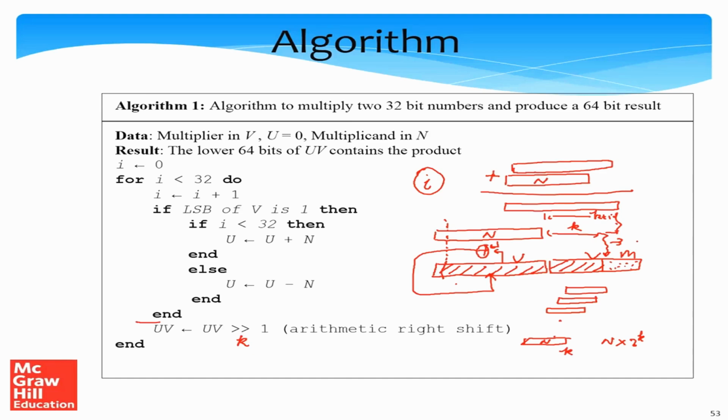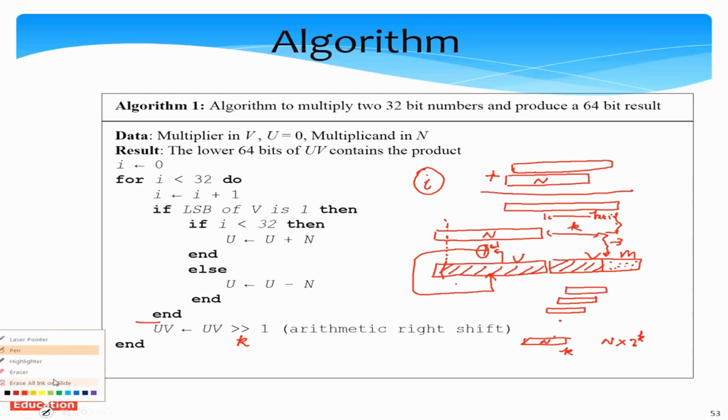So the crux of the issue is that instead of shifting the partial sums which contain the multiplicand to the left, it is a better idea in this scheme to keep the multiplicand where it is, but shift the accumulating partial product to the right. So it's the same thing. Mathematically, it's the same thing. It's just that it's easier to implement in hardware.